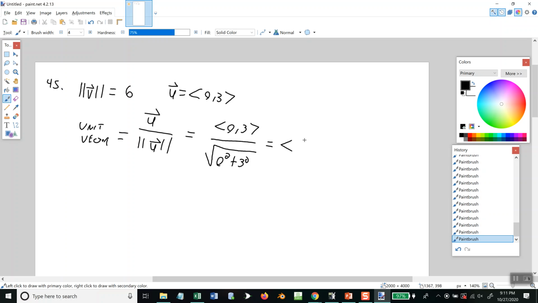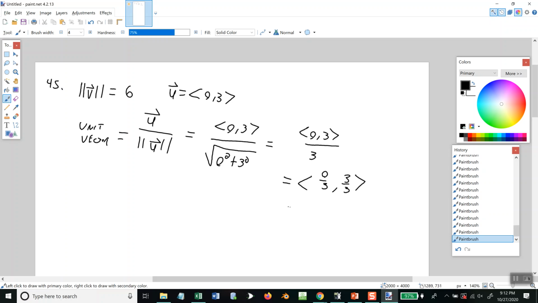I guess this one's kind of a trivial one. Zero squared drops away, 3 squared is 9, square root of 9 is 3. And then if I broke this up, 0 over 3 and 3 over 3, it'd be 0, 1. It won't always be 0, 1. I just happen to pick the easiest one.